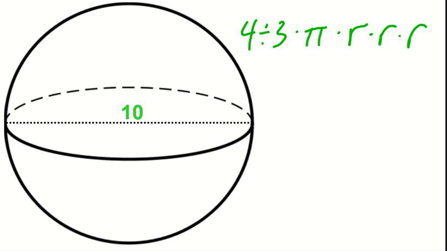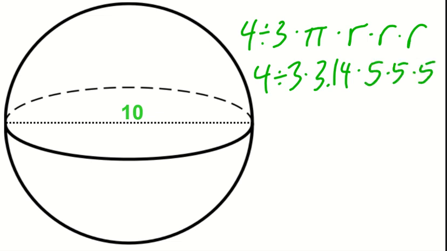Remember, no height for the sphere, right? So with this one, we got 4 divided by 3 times 3.14. What's my radius? 5. So we got times 5 times 5 times 5. All right. Any questions on that one?